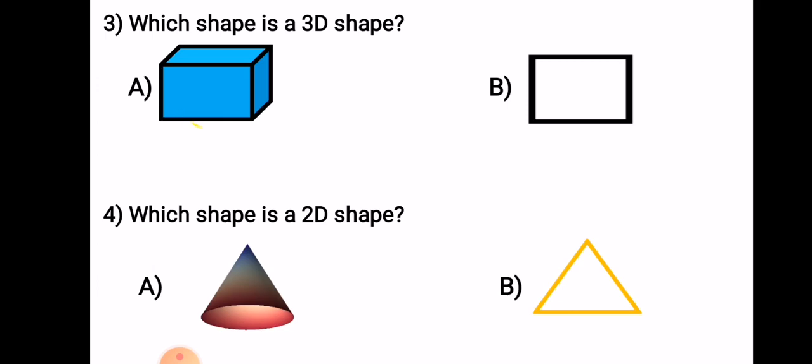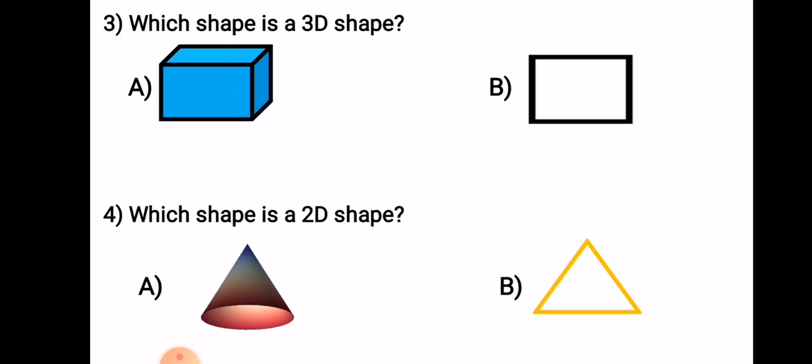Which shape is a 3D shape? A cube or a square? Can you remember our 3D shapes? First of all, a sphere. One of our 3D shapes, and it looks like a ball. A cube.